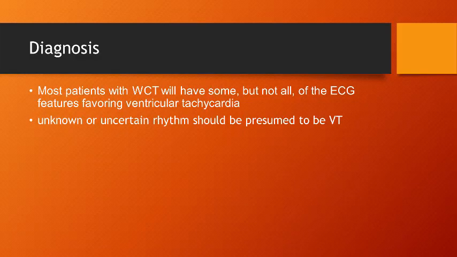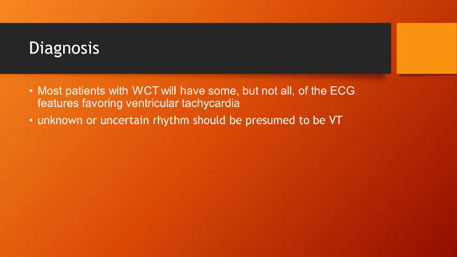Now, coming to the diagnosis. Most patients with wide complex tachycardias will have some but not all of the features that we have discussed so far. There is no single criterion or combination of criteria that provides complete diagnostic accuracy in evaluating a wide complex tachycardia. It is typically necessary, therefore, to integrate multiple ECG findings into a diagnostic strategy.